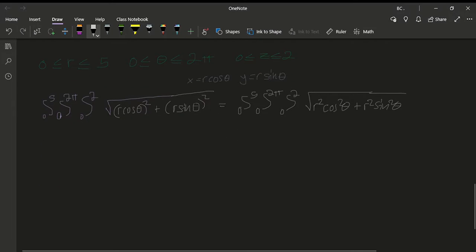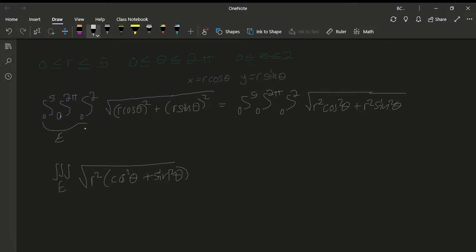We'll reconvert this to E, because I don't want to keep writing it. E is equal to the square root of, since we have an r squared term in both, we can factor that out: r squared times cosine squared theta plus sine squared theta.